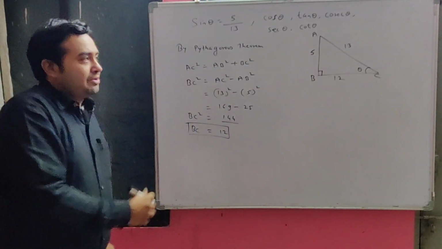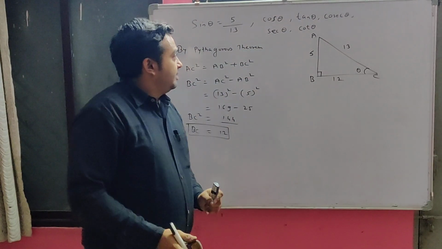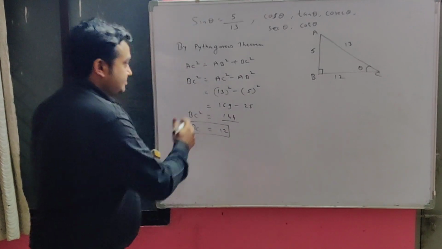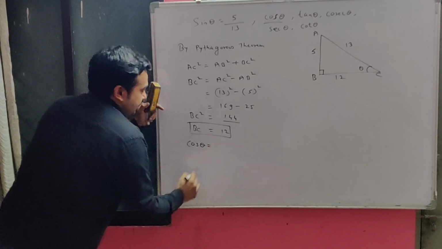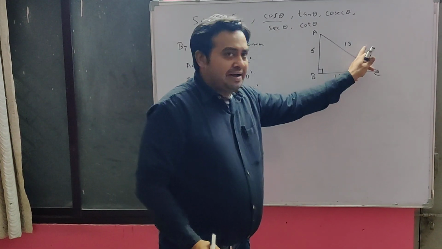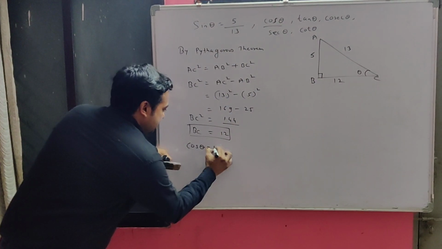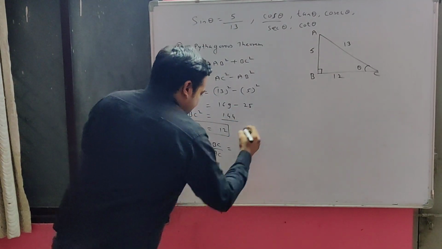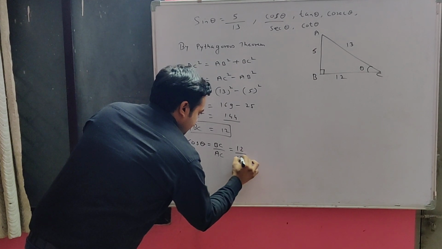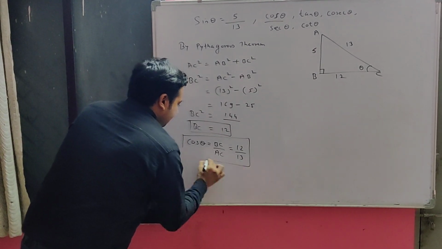Now we can easily calculate all other trigonometric functions by using formulas. Let's start with cos theta. We all know the formula, it's adjacent side by hypotenuse. So it will be BC by AC, which is 12 by 13. So this cos theta is okay now.